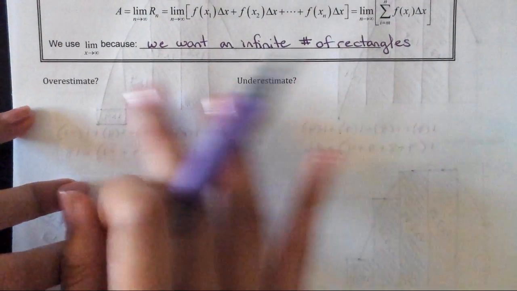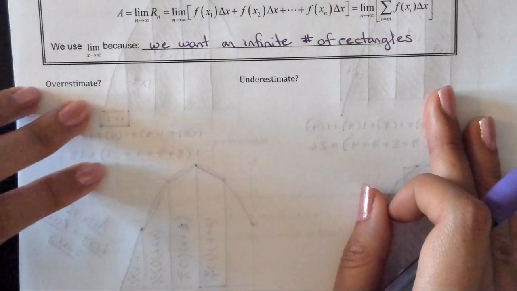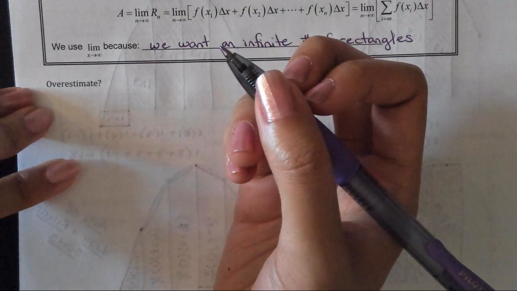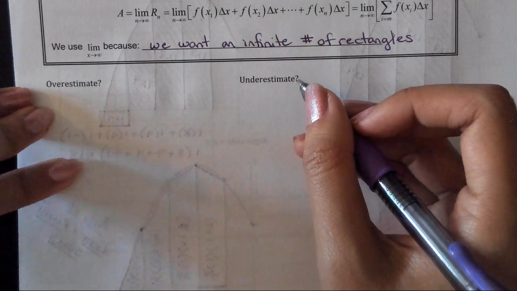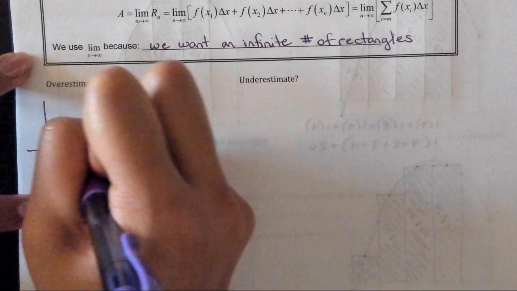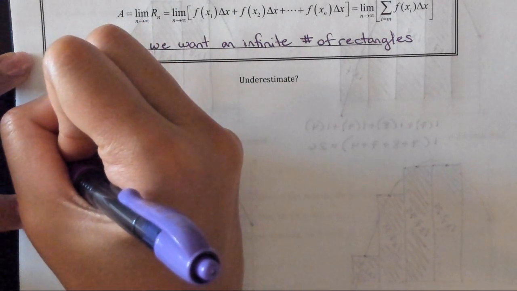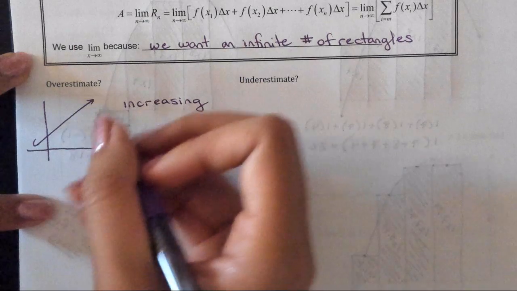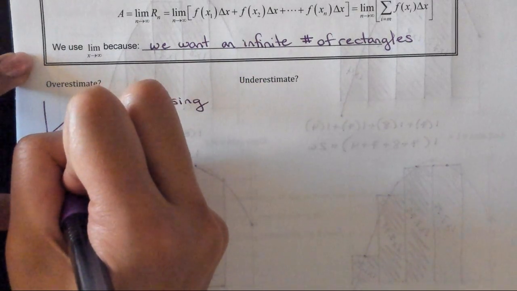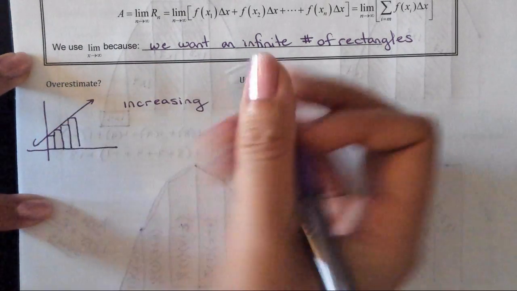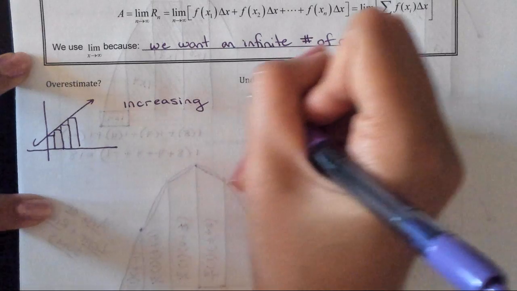Now, you're going to overestimate the area. And then you're also going to underestimate the area sometimes. When you overestimate the area, let's talk about if you have an increasing function. If you have an increasing function, then a left Riemann sum is going to underestimate.